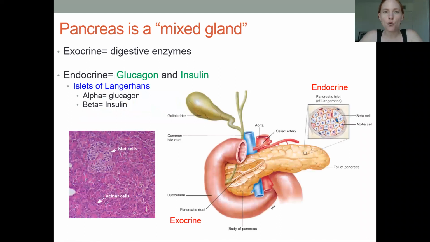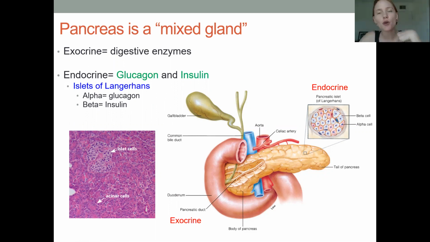Okay, so the pancreas is located right underneath the stomach. Kind of take the stomach, flap it up, and it'll be right there, embedded in the mesentery. It is a mixed gland, as we've already seen. We talked about the pancreas when we talked about the digestive system. It secretes pancreatic juice, which has digestive enzymes in it.